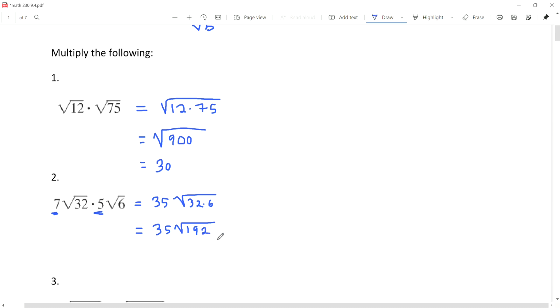So we have to use the factor tree for 192. Well, we know 192 is 32 times 6. And we could break down 6 as 2 times 3. I know 32 is 2 times 16. 16 is 2 times 8. And 8 is 2 times 4.